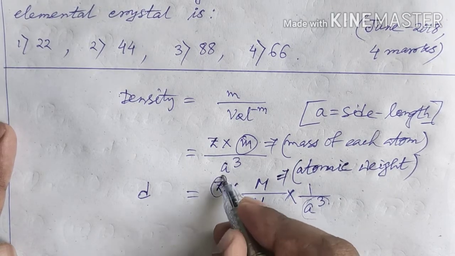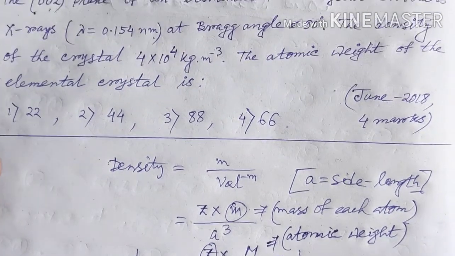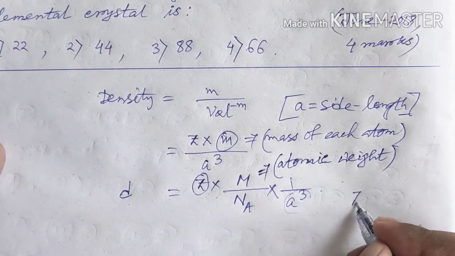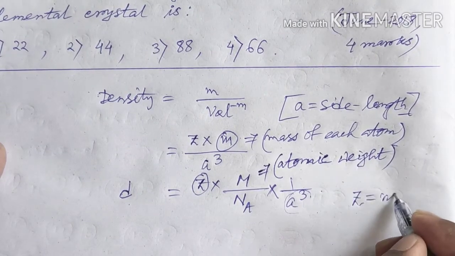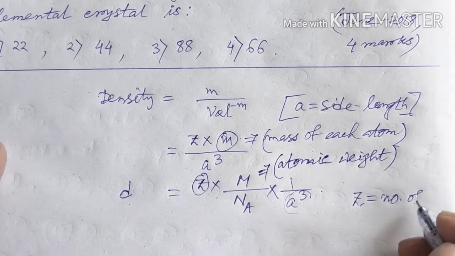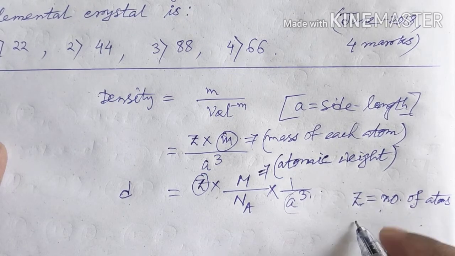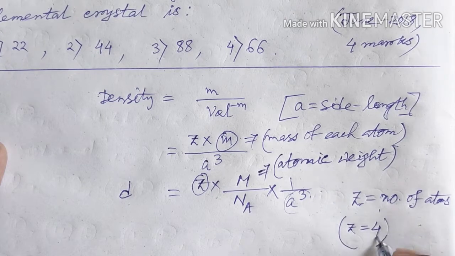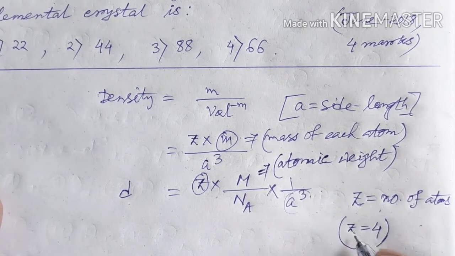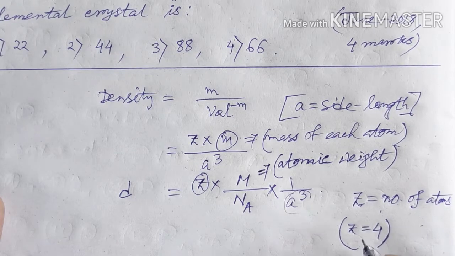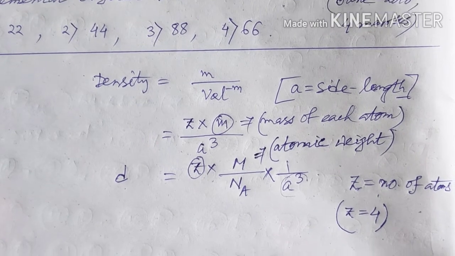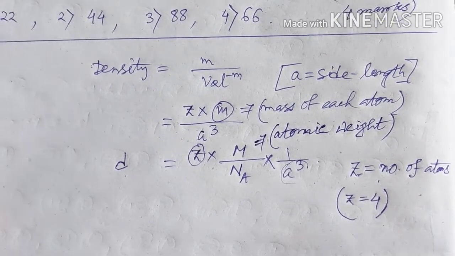Now Z, the number of atoms contained in each unit cell. Since the crystal is FCC, Z is equal to 4. As I have discussed in my previous video, for FCC crystal Z is equal to 4, for BCC crystal Z is equal to 2, and for simple cubic crystal Z is equal to 1.